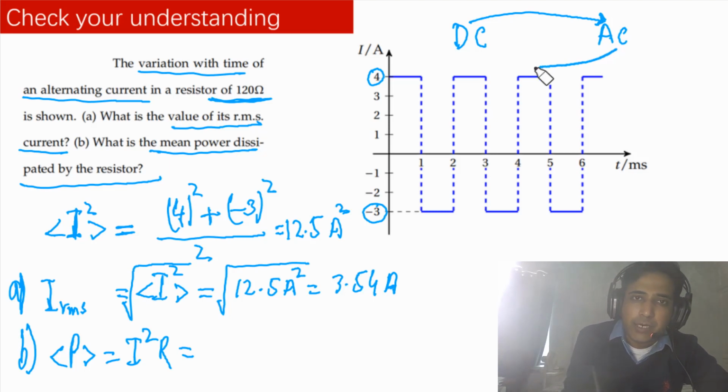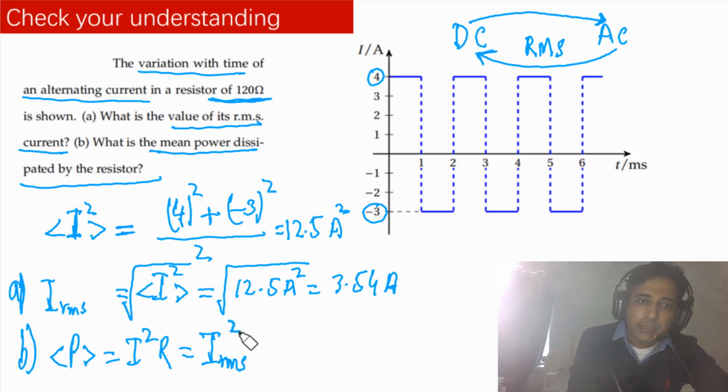We have to use the RMS value. So this is the main thing. This is the formula for DC, so if we want to use it for AC, we have to use IRMS. So it has to be IRMS squared times R, because this is for DC and this is for AC.